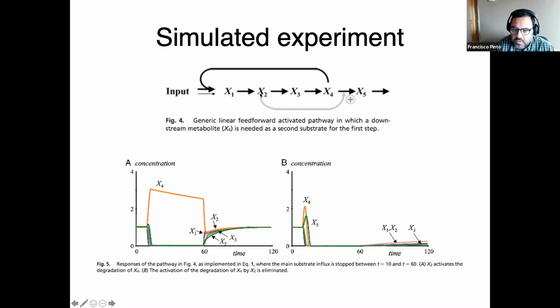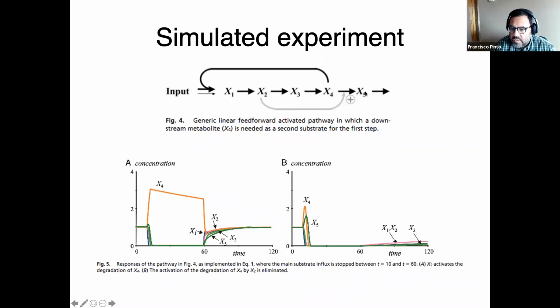And if you diminish X2, and this regulatory interaction is present, when X2 goes down, the rate of this reaction is inhibited because it's no longer activated by X2, or the activation is smaller because X2 is getting smaller.